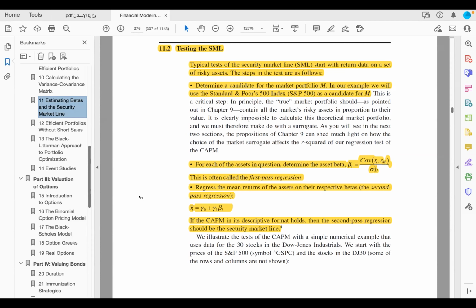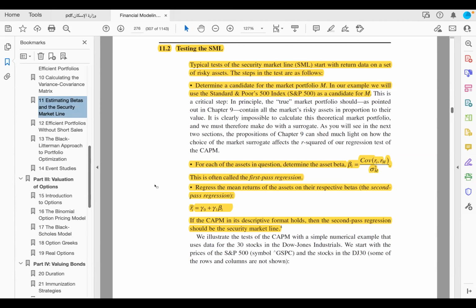Now, if the CAPM in its descriptive format holds, then the second pass regression should be the security market line. So these are the different steps we have to learn and practice, and these steps are very important because they give you insights on the validity of the CAPM.